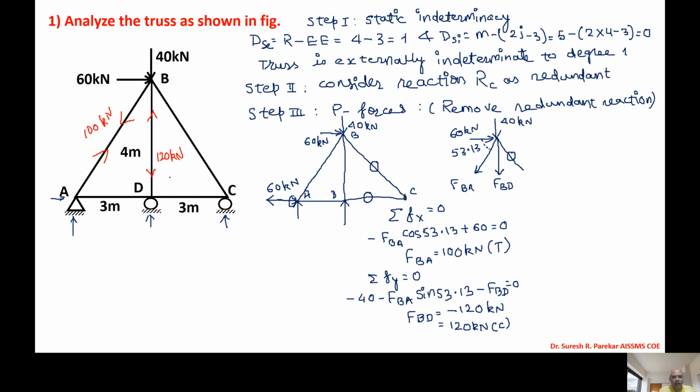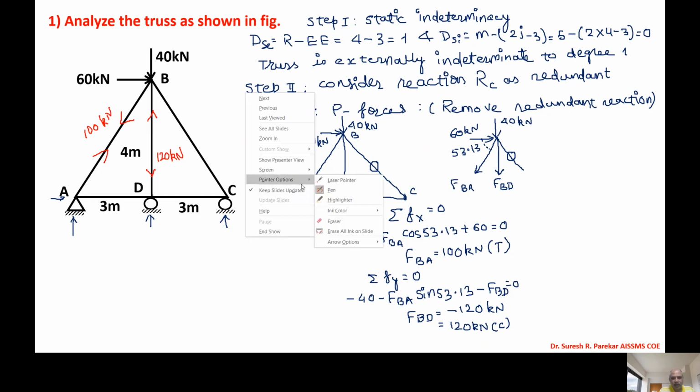Now you can see, if I come to joint D, then these two are collinear, and these two are collinear. Now in these two, if it is 0, we should have this value as 0. And then we have force in members, that also we have to show, which are 0 members.